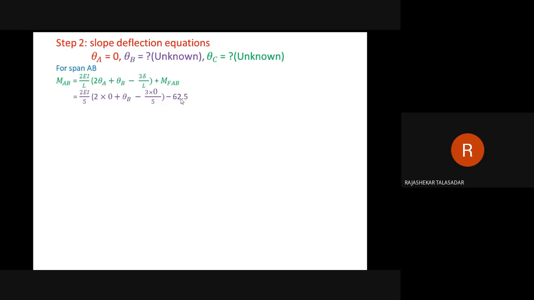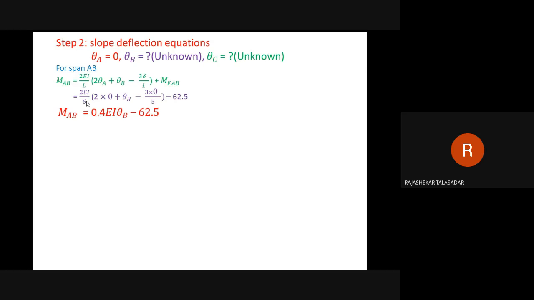MFAB, how much have I calculated? Minus 62.5. In the previous step, I calculated MFAB as minus 62.5. Theta A is 0, so this term will become 0. Delta is 0, so this term will become 0. Now if you further simplify, how much will it become? 2 EI by 5 means 1 by 5, which is 0.2, into 2, 0.4.